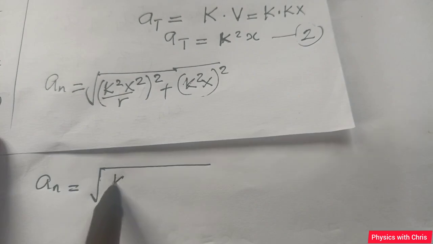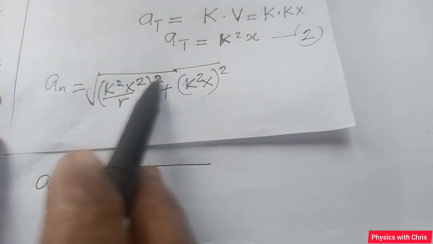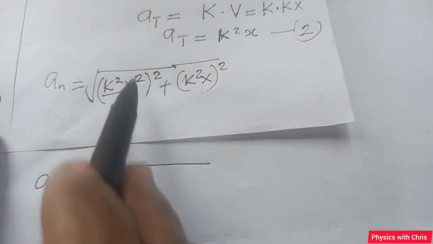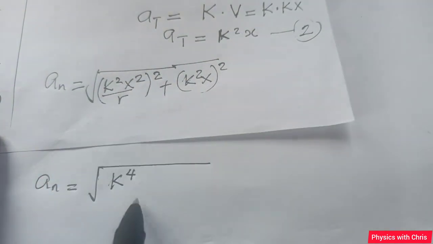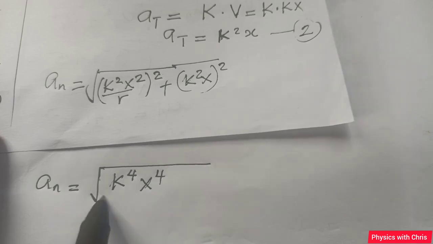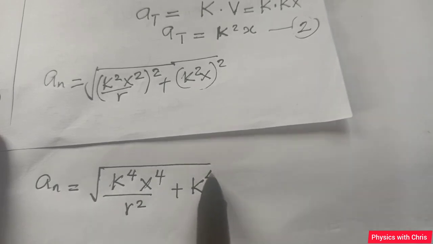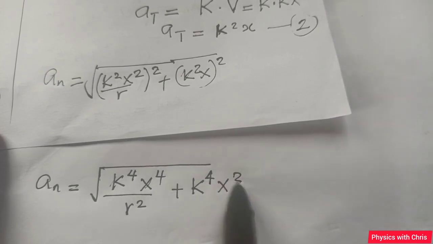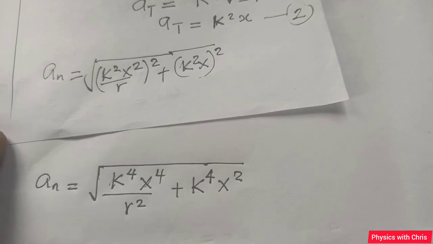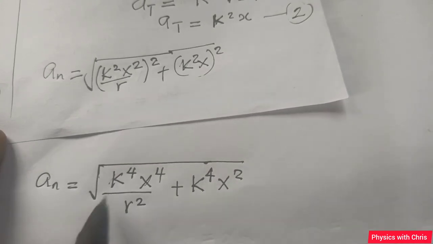This gives me k raised to the power 4, because the square of this is that. Applying the law of indices, x squared squared gives me x to the 4 over r squared, plus k to the 4 times x squared. Okay, so you know that the square root of k to the 4 will be k squared.